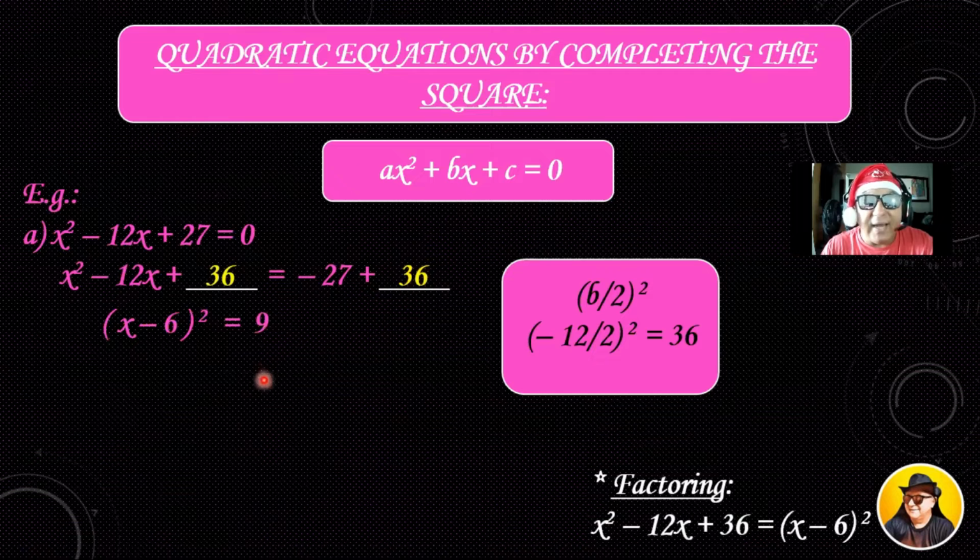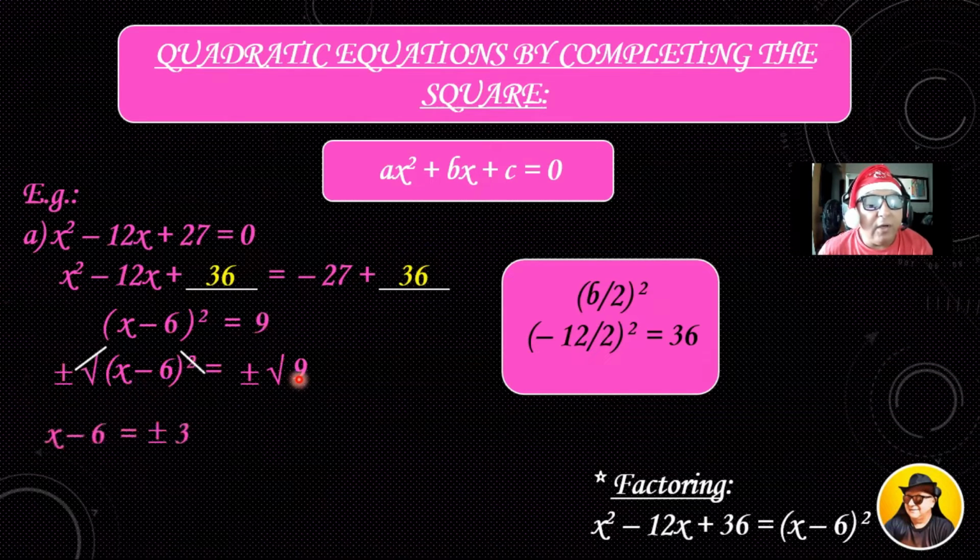Now we are going to take the square root on both sides of the equation. The square roots of 9 are plus 3 and minus 3.